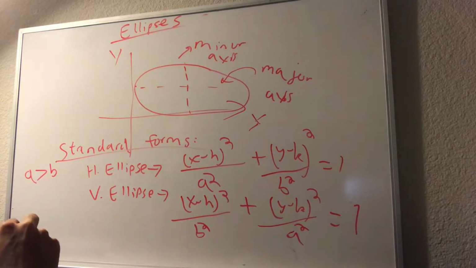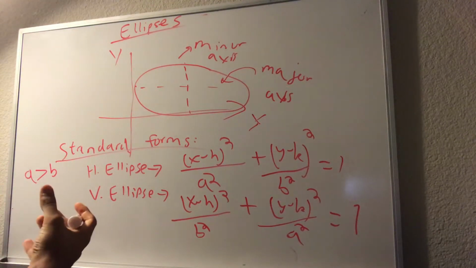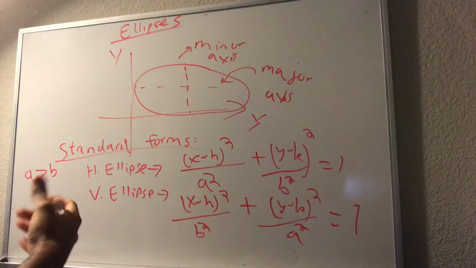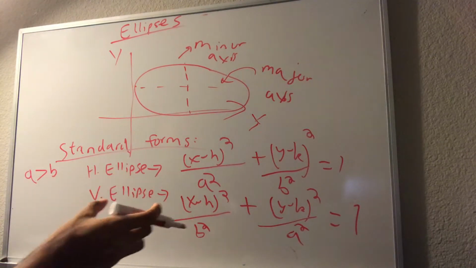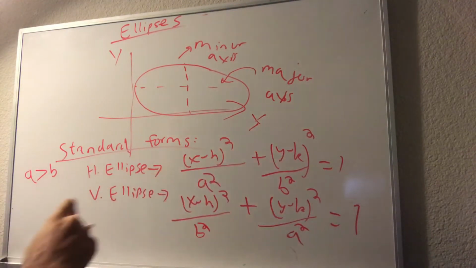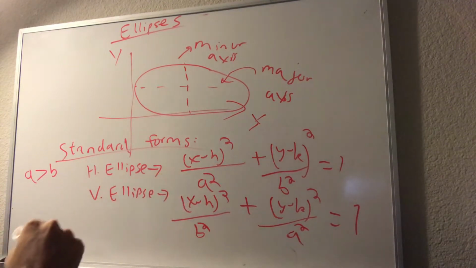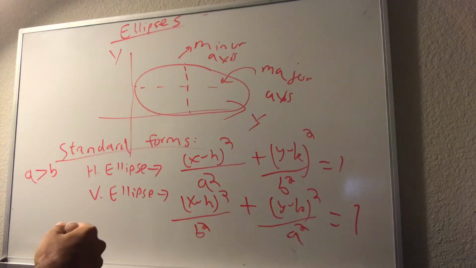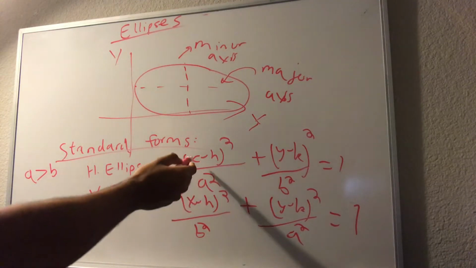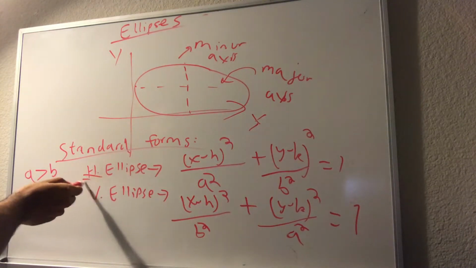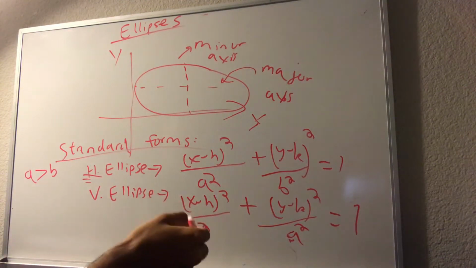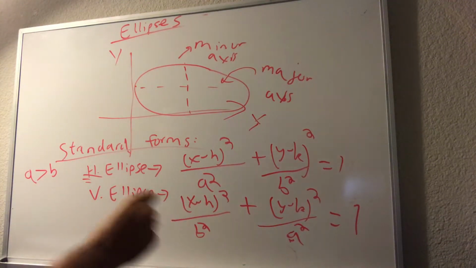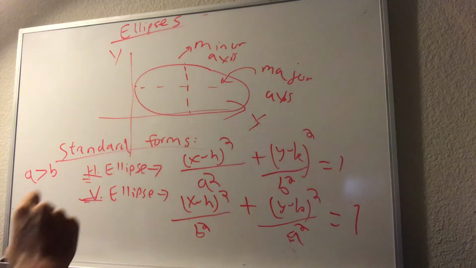So the easiest way to know which value is a and which is b is to look at the x and the y. The fact that a, the larger value, is below the x indicates a horizontal ellipse. Here, the fact that a is below the y indicates a vertical ellipse.